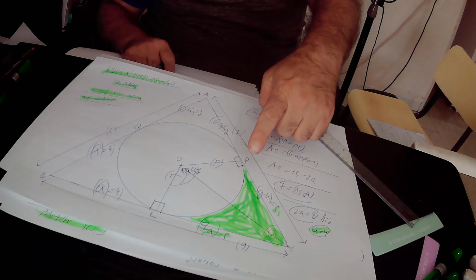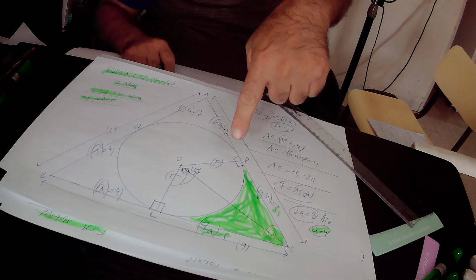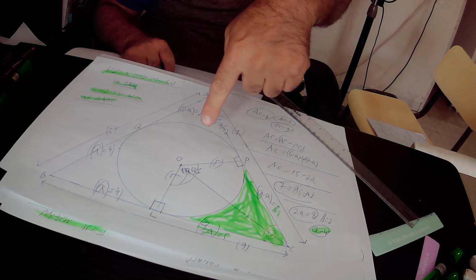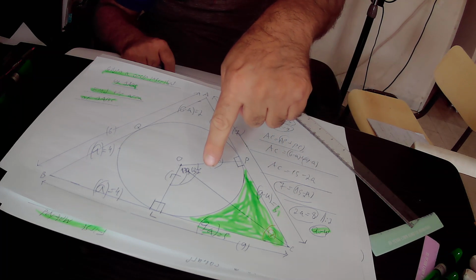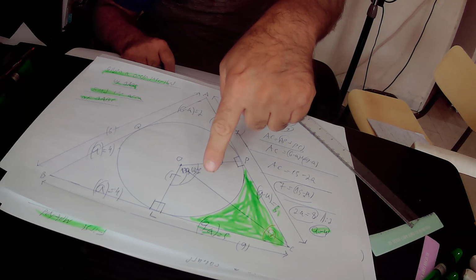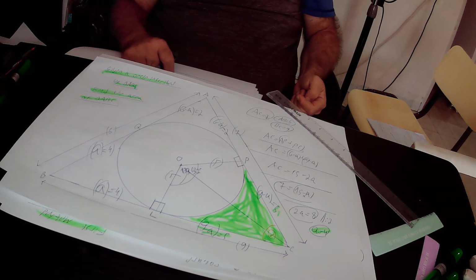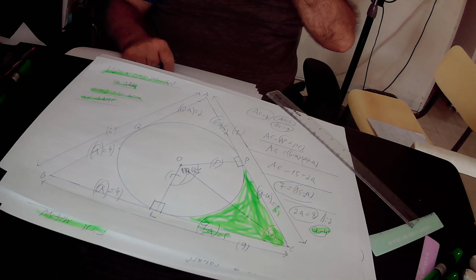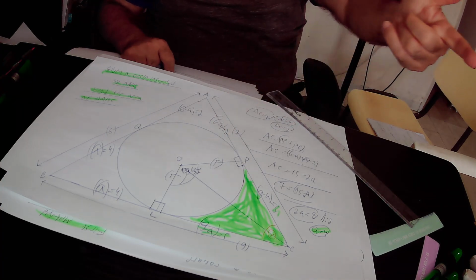The first part is this right triangle POC, and the second part is the other right triangle OLC. Therefore, it is very clear that the quadrilateral POLC must be equal to the sum of the areas of those two shapes.